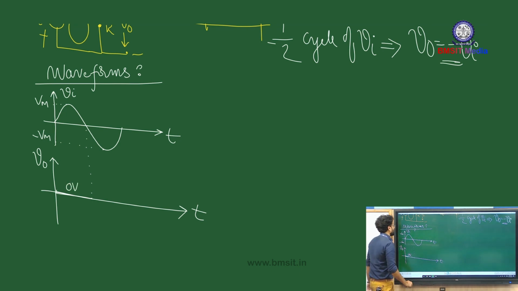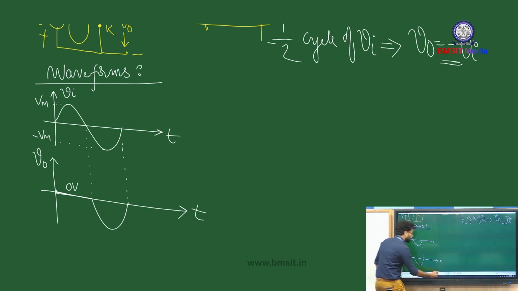And during the negative half cycle, we have obtained the output voltage as minus Vi. That means to say the output is nothing but a replica of the negative half cycle of the input. So this is your waveform.